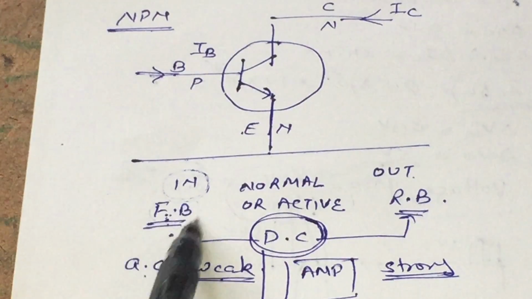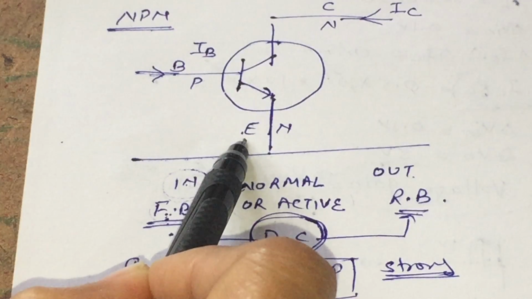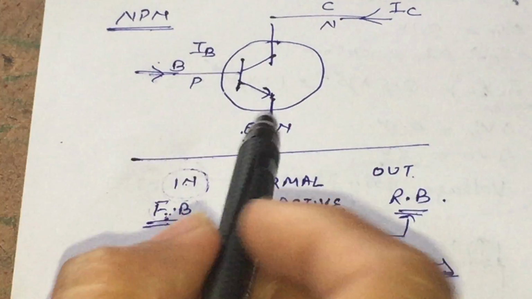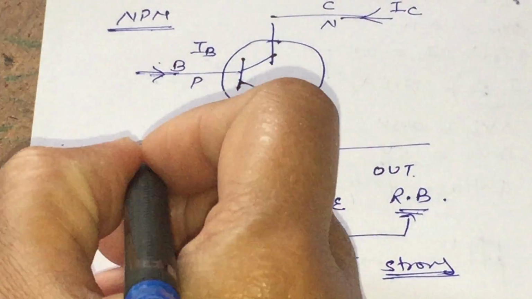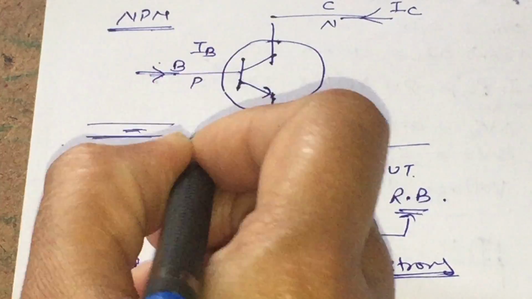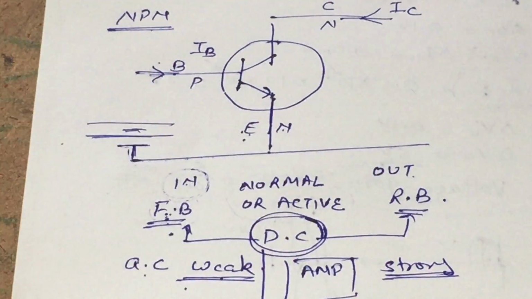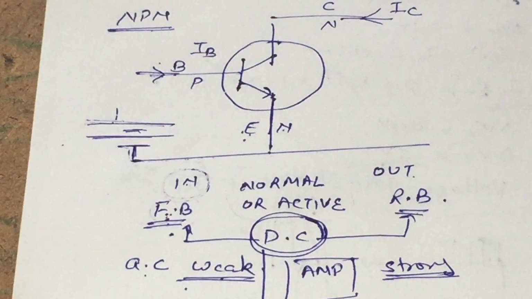First we make forward biasing in the input side, that is at the emitter and base terminals. The emitter is an N-type semiconductor, so we will connect the negative terminal of the battery to the emitter and the positive terminal of the battery to the base region.